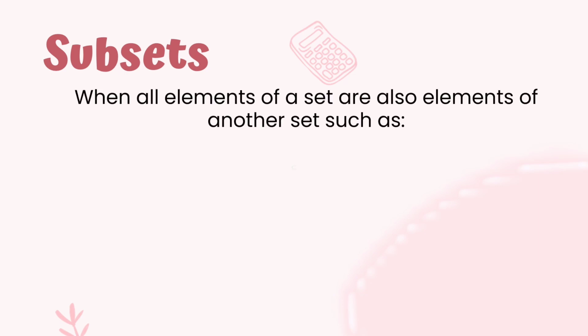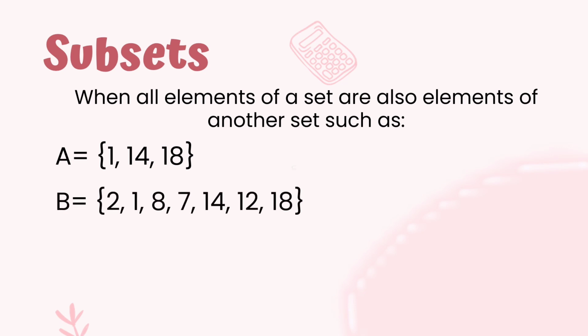When all the elements of a set are also elements of another set, such as, here we have a set A, which contains the elements 1, 14, 18, and set B, which contains the elements 2, 1, 8, 7, 14, 12, and 18, we can say that set A is a subset of set B. Can you see that you have a 1 here and a 1 here, a 14 here and a 14 here, an 18 here and an 18 here?